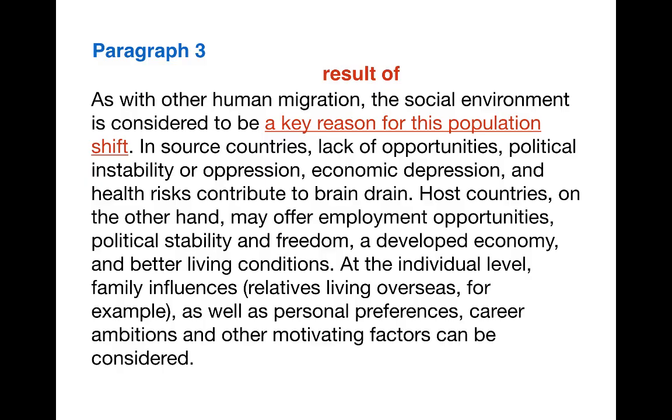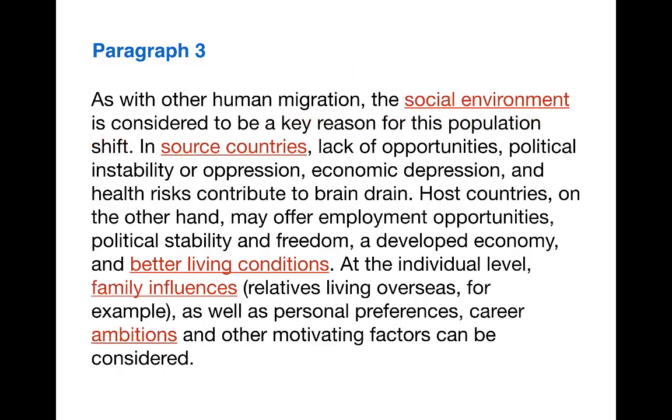If I highlight the keywords that I can see here, social environment, source countries, better living conditions, family influences, and ambitions, those words look like words in all four of our choices. So we need to analyse carefully to see which one is correct.